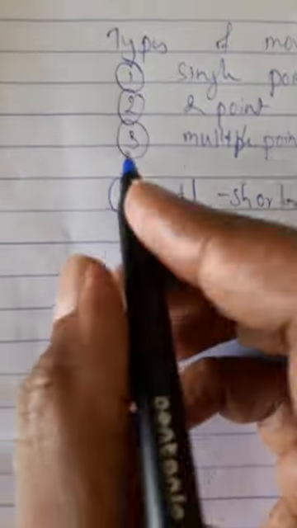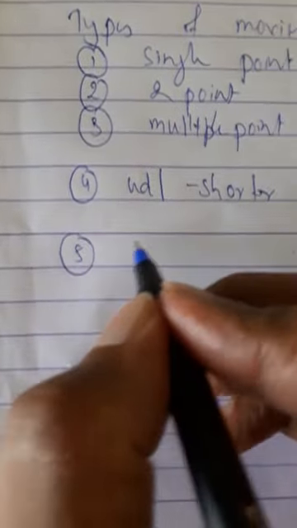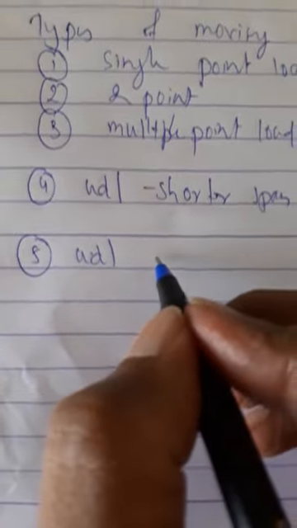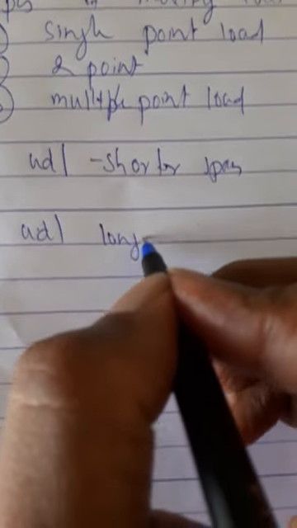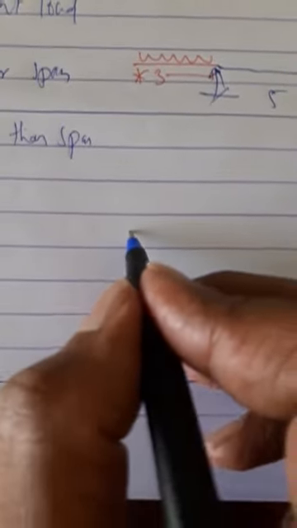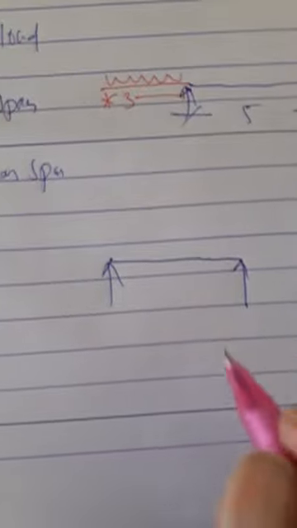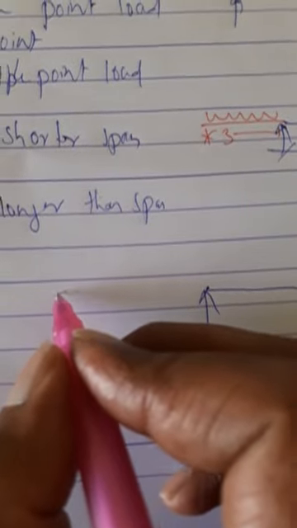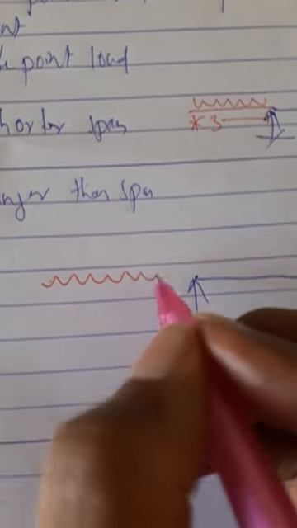Next case, UDL longer than span. So longer than span is the case like this. My UDL is like this.